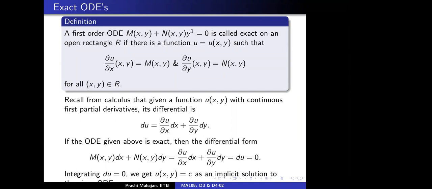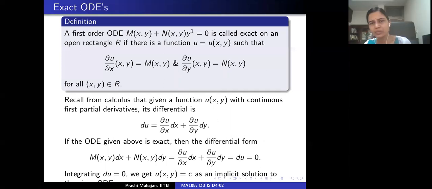I have a doubt. What exactly does exactness mean? When you look at this ODE as M dx plus N dy, these are differential forms, and these are exact differential forms. There's also something called closed differential forms, which I'm going to discuss a little later. This comes up in a subject beyond this course, NA 108, cohomologies and things like that.